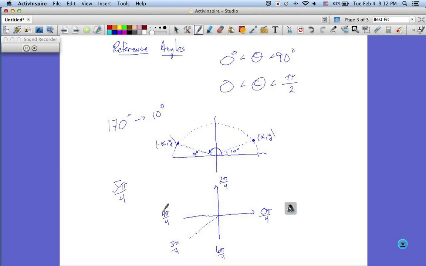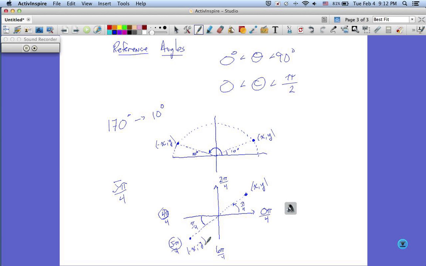And 5 pi over 4 is, you got it, pi over 4 away from the nearest x-axis. So it shares the same properties as pi over 4 does right here, with one exception. x and y, in this case, of course, in the first quadrant are always positive, but here they are both negative. Okay, those are reference angles.